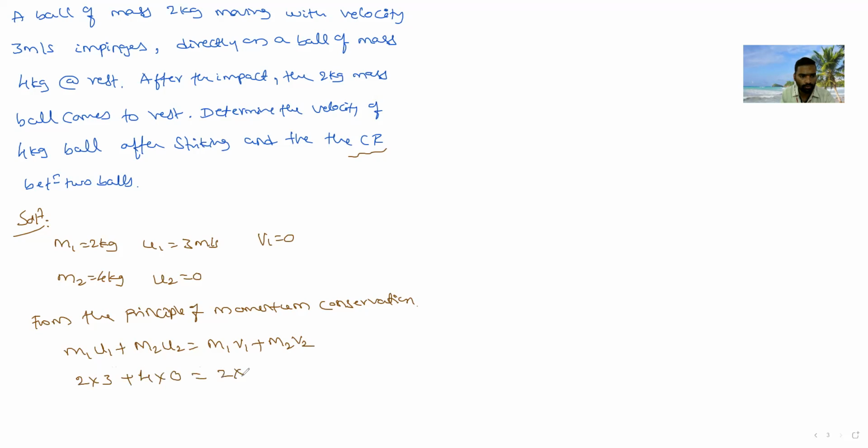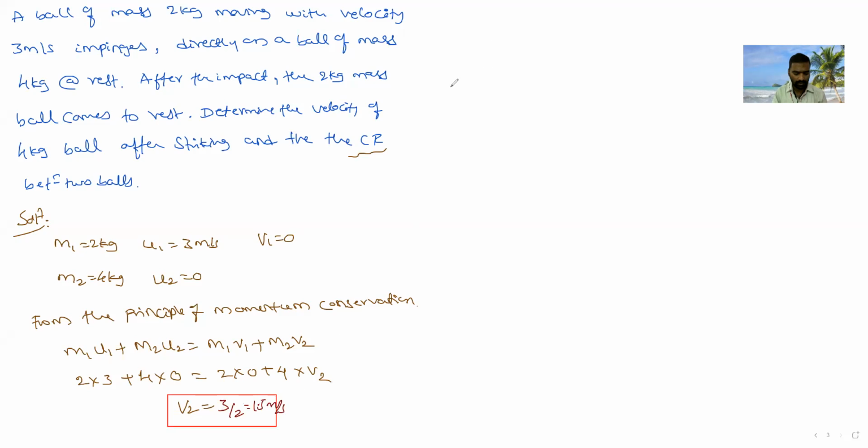That equals M1, 2, into V1, 0, plus M2, 4, into V2. So calculate the value of V2. 3 by 2 is the answer, correct. That is nothing but 1.5 meters per second.